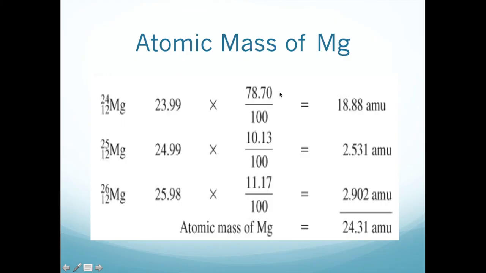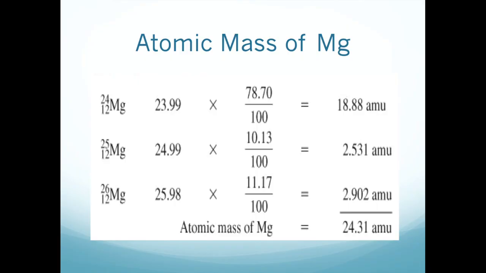The reason, of course, is that the bulk of magnesium happens to be magnesium-24, so it makes sense that the average will be closer to 24. All right, so essentially that's how you calculate weighted averages for any element.